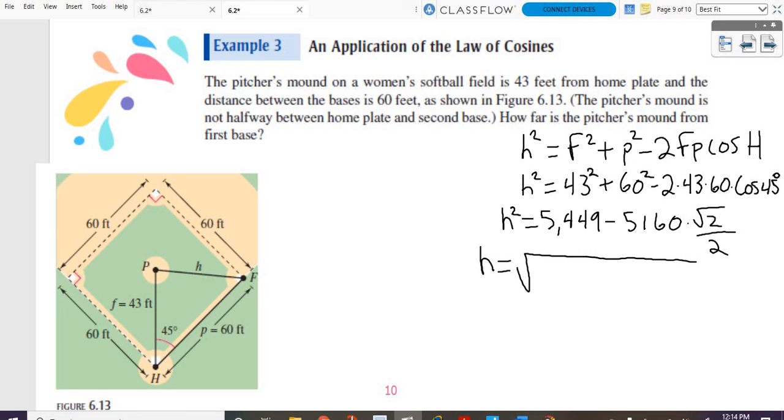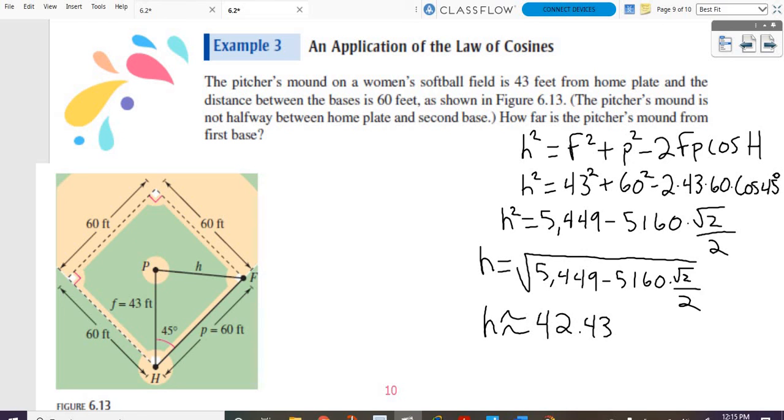Take the square root of all of that. And what do we get? I got 42.43.